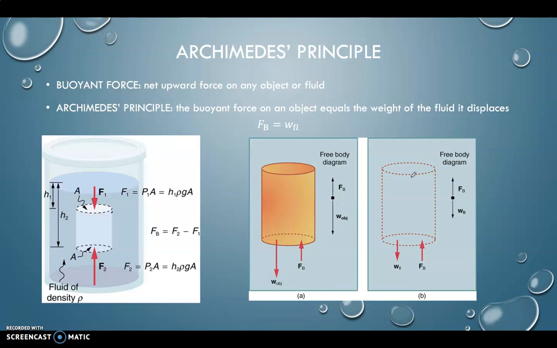So here in this diagram we see that in picture form. This is the free body diagram of this case. We have the object, and the weight of that object in the fluid is going to be equal to that buoyant force. Or I'm sorry, not the weight of the object, but you can see here this amount of fluid creates some kind of buoyant force acting on this object.